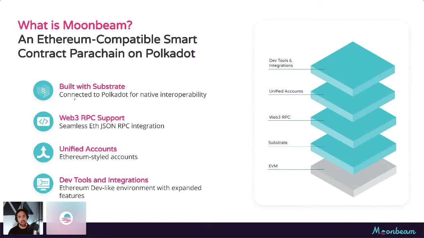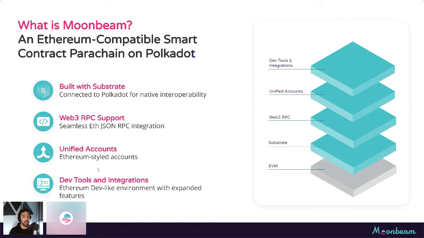The main benefit of this is to have native interoperability and benefit from the shared security that Polkadot provides. Another layer of added benefits is that we have full Web3 RPC support, meaning that you have seamless ETH JSON-RPC integrations. We're going to talk a little more about what the ETH JSON-RPC is. But the main idea here is that because our integration is seamless, tools such as MetaMask, Ethers, and other development tools can work right out of the box on Moonbeam without any modifications.